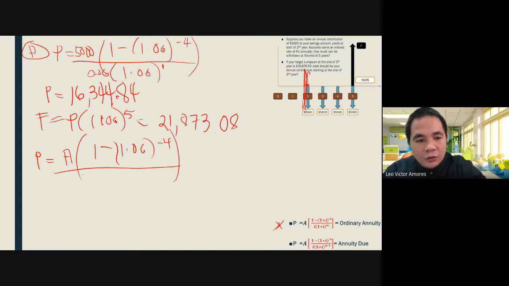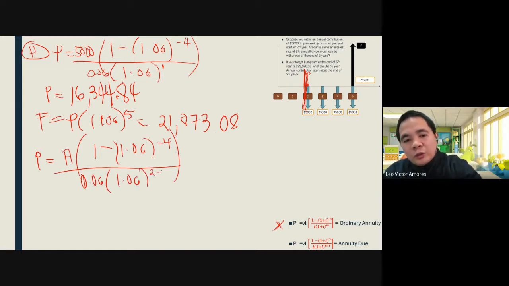Okay, so 0.06, and 1.06 to the power of 2 minus 1. So 2 minus 1. Right? Because say for example you are supposed to pay at the start of the year, so you have 2 deferred payments, at this year and this year.